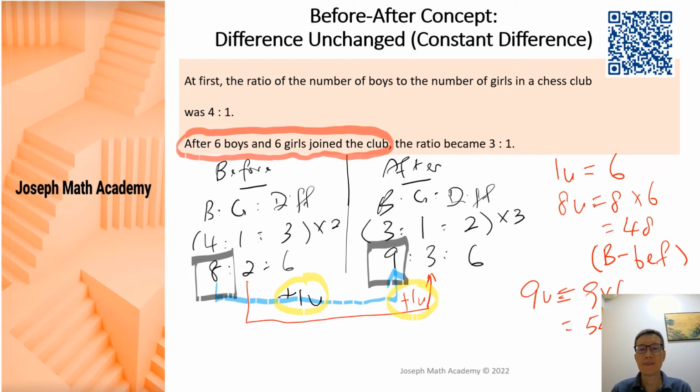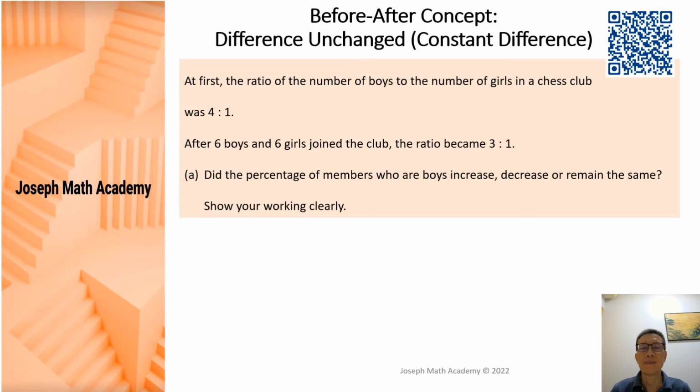Okay, now we know that there were 48 boys at first and 54 boys in the end. Having this in mind, let's move on to the next slide. So let me write down what we have gathered.